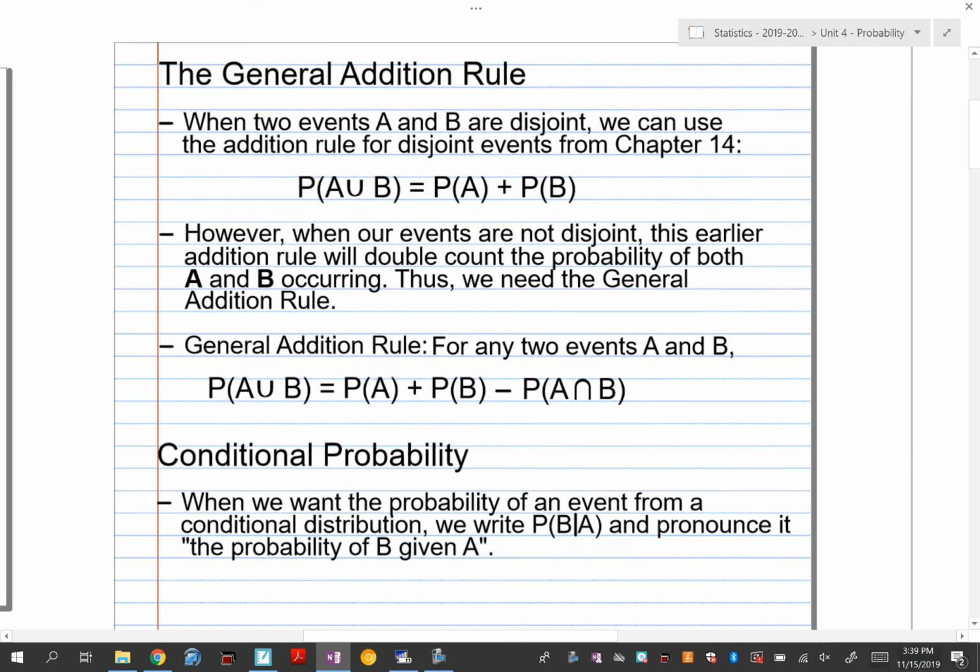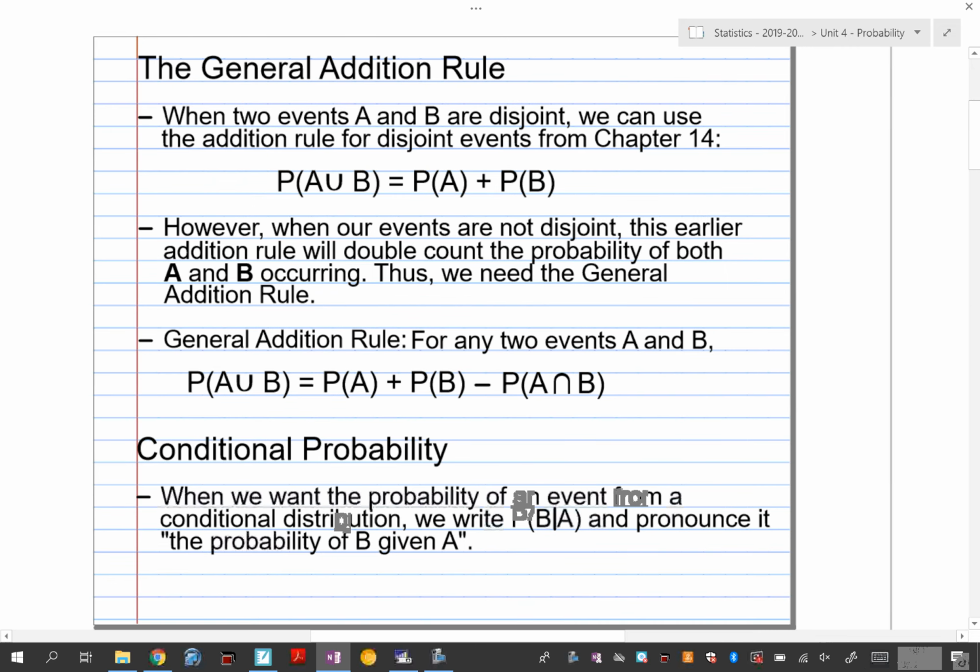All right, so here's the new addition rule. You can see the first one we used, which was just adding the probability of event A plus the probability of event B. But if the two events are not disjoint, then we must use this one.